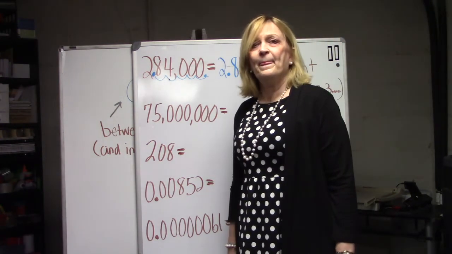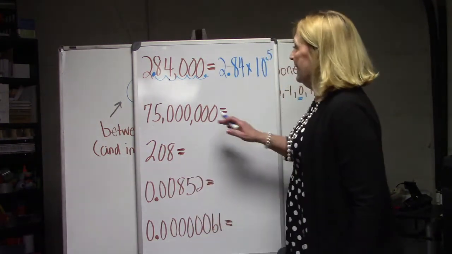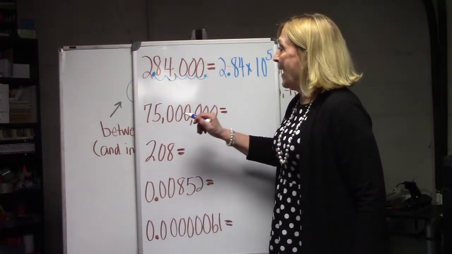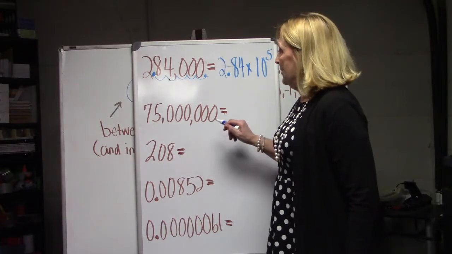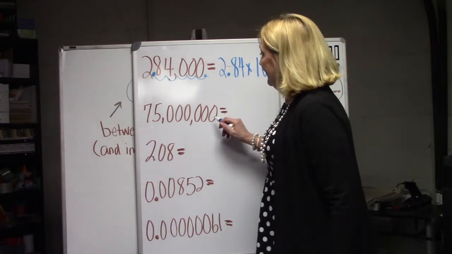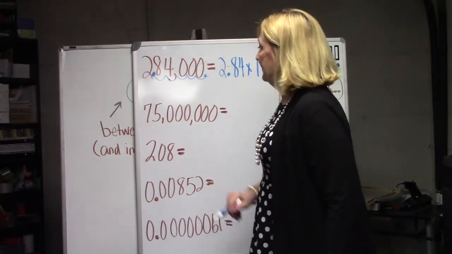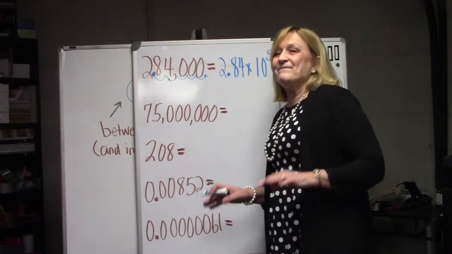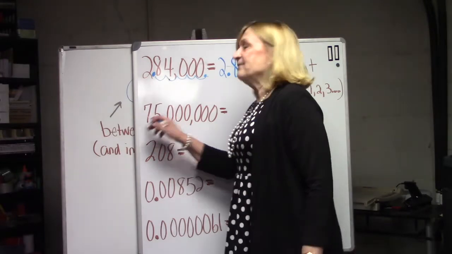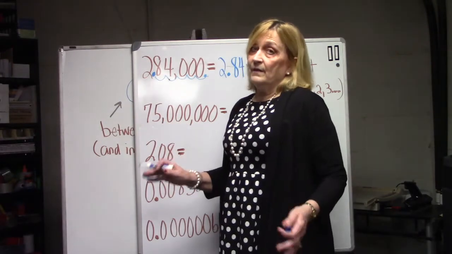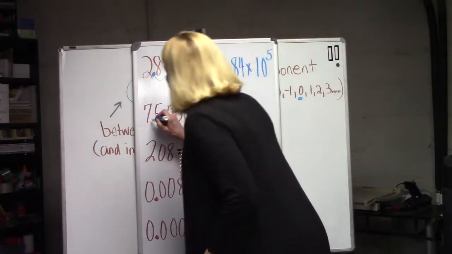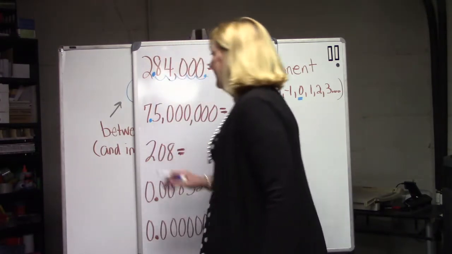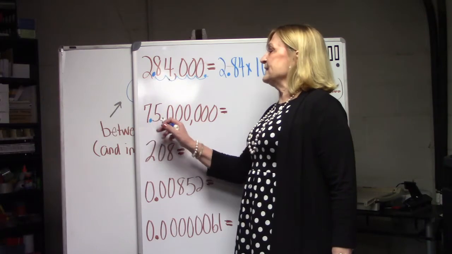Okay? Let's try another one. Here I have 75 million. So I've got all of this to get through to get over to my 7 and 5. Now, 75 is larger than 1 through 9, but 7 is not. So this is where my decimal point's going to end up being, right there, between the 7 and the 5.